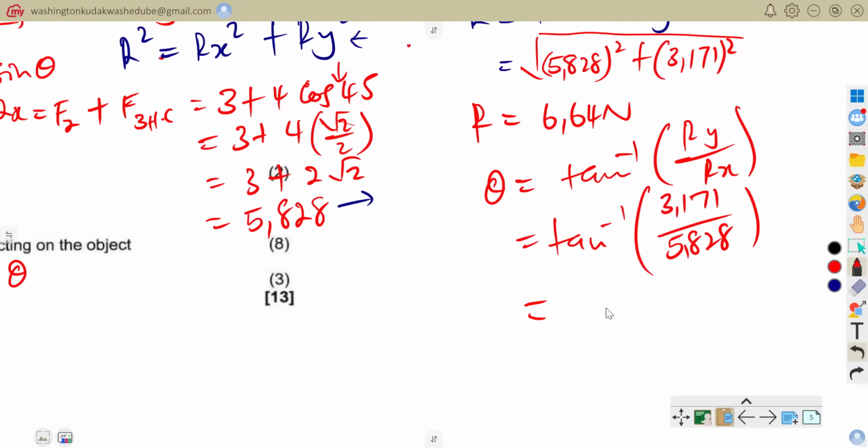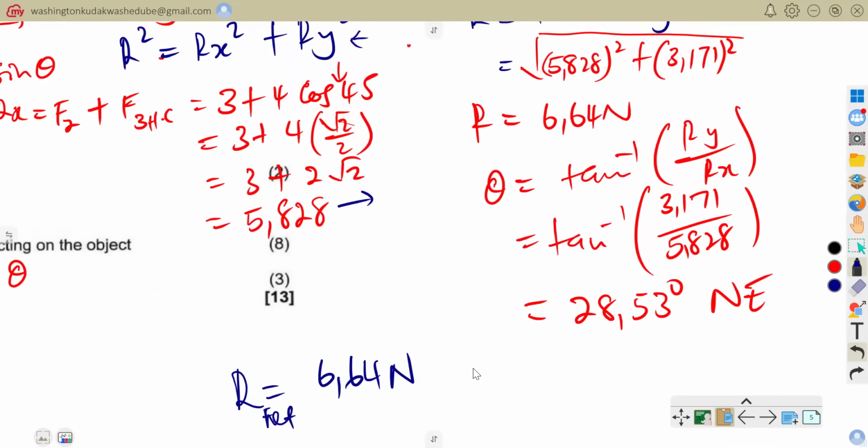My direction is equal to 28.53 degrees northeast. So you would quote the net resultant force as 6.64 newtons, 28.53 degrees northeast, meaning that this force is acting in the northeast direction. That is how you would have calculated that.